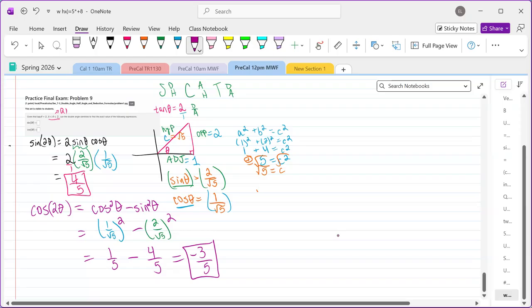That's the other reason why I always draw the triangle in the quadrant they tell us, so that the direction of my sides reminds me of whether they're going to be positive or negative.